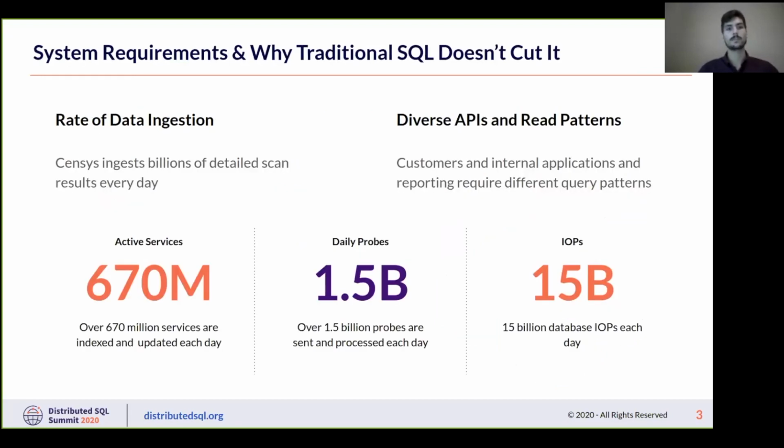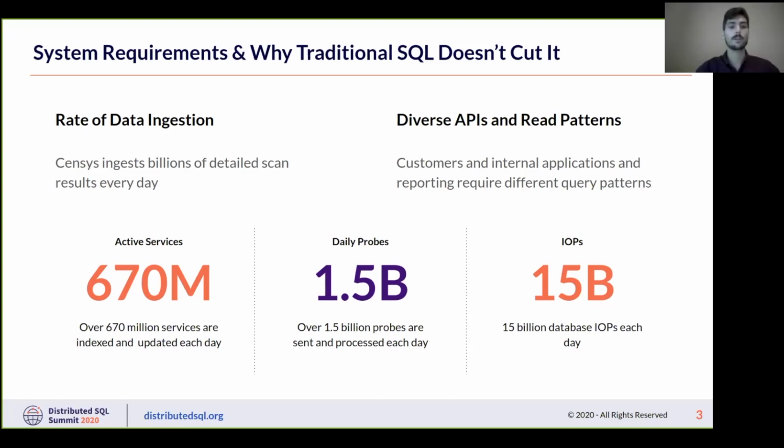So to set the stage and explain why Postgres didn't cut it for our use case, let's talk a little bit about numbers. The first problem is that our rate of ingestion is really high. We're ingesting billions of detailed internet observations per day, and this correlates to roughly 15 billion database IOPS per day.